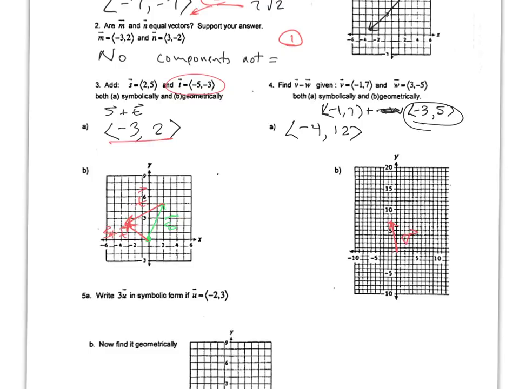Then from there, we're going to count left 3 and up 5, and you connect that. Now this barely looks like a triangle, but it kind of is, a skinny little triangle here. We would connect it. And so this is the opposite of vector w, and this result is vector v minus vector w.